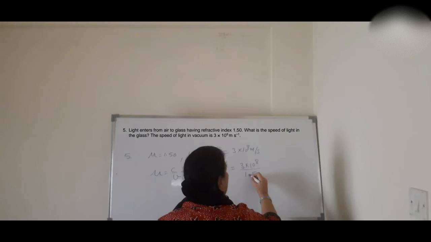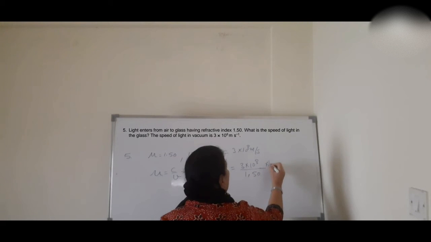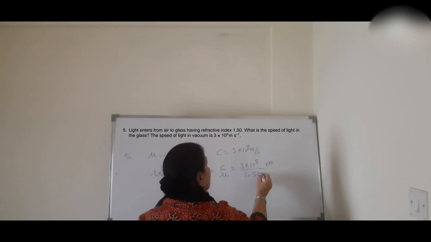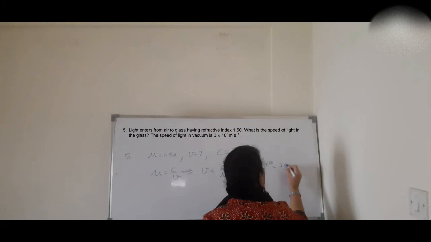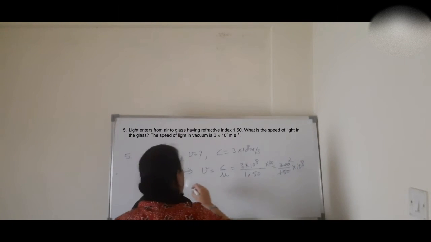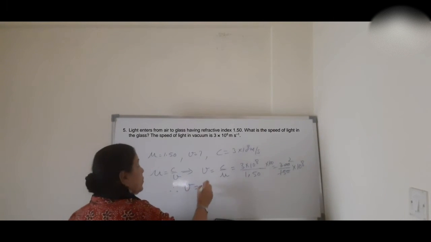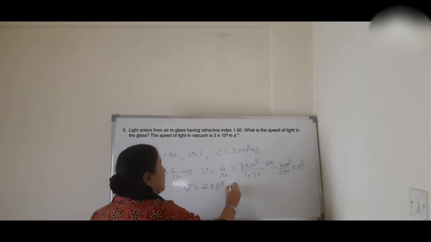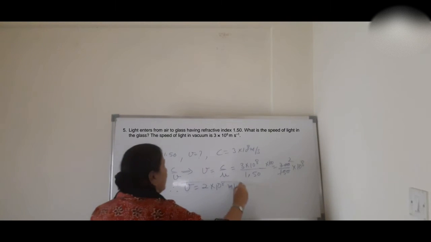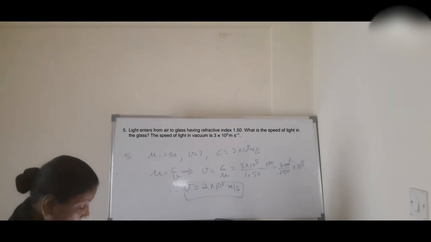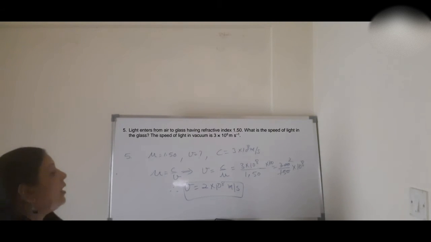So it is 300 upon 150 into 10 to the power 6, therefore V is equal to 2 into 10 to the power 8 meter per second. So this is our answer. This is the fifth question.